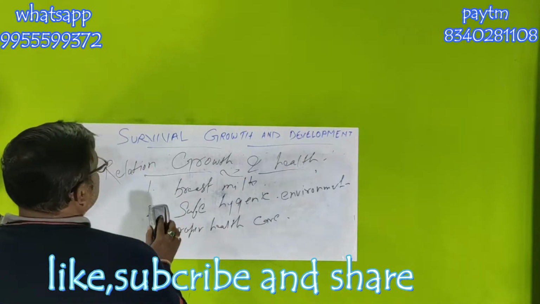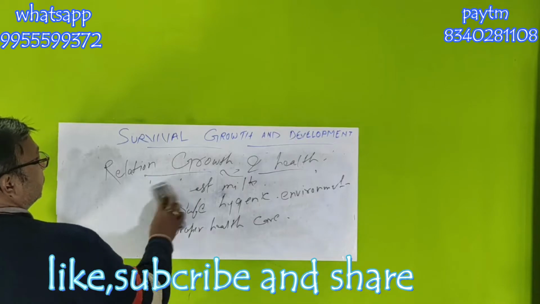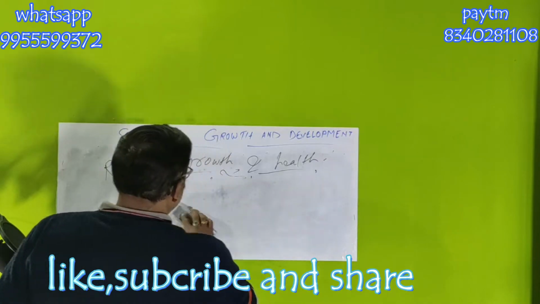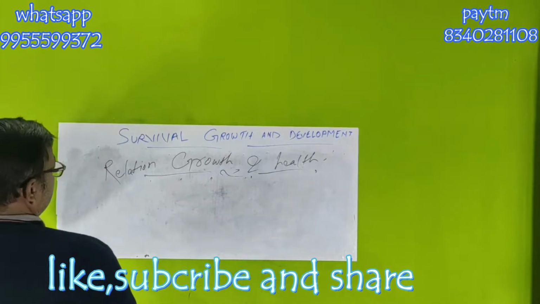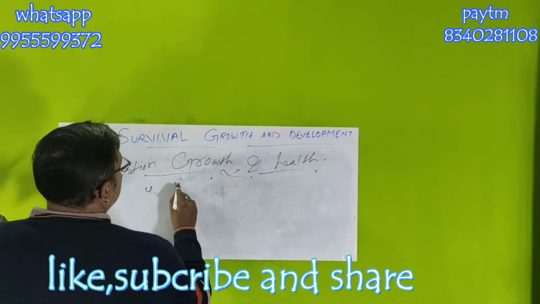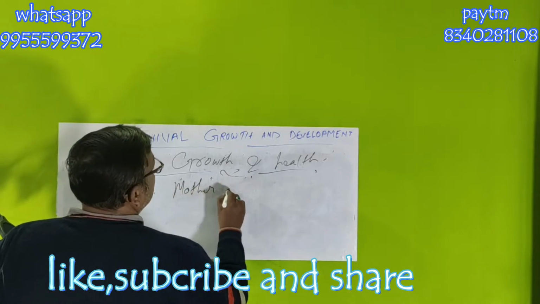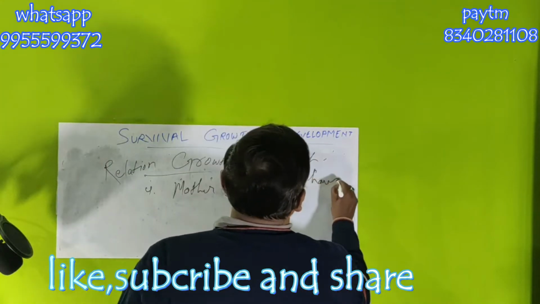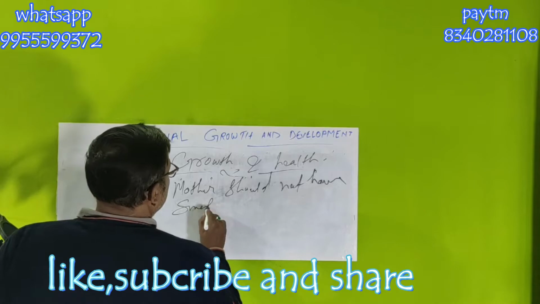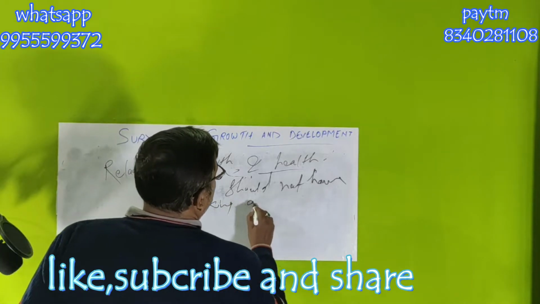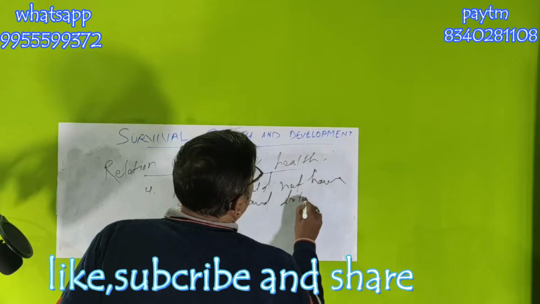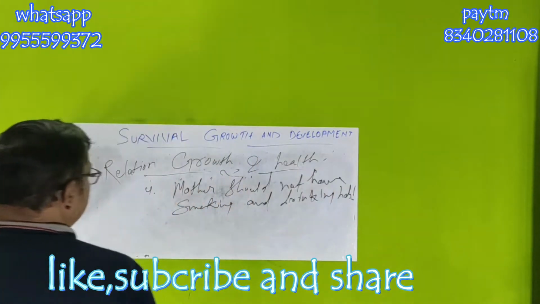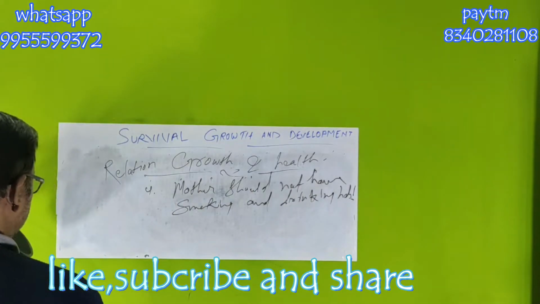The fourth point we can say is that the mother should not have the habit of drinking and smoking. This also affects the condition of a child.